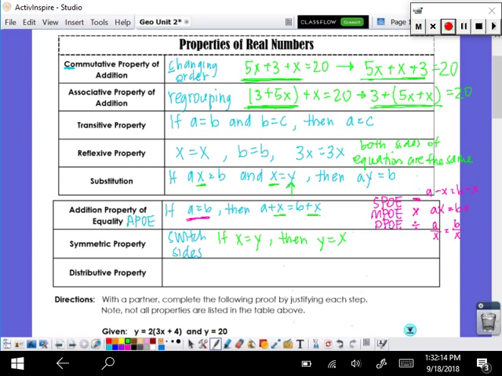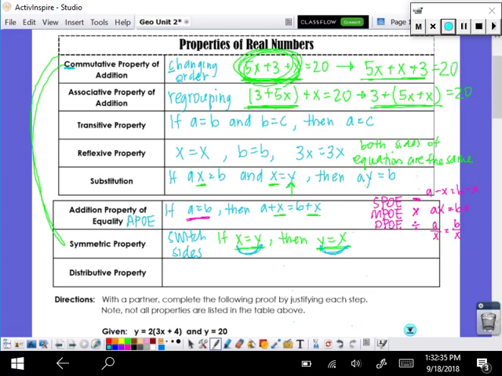So I just switched the two sides of my equation. That is different than the commutative property. With the commutative property, you're switching one side of the equation. That one side changed order, but with the symmetric property, the two sides are physically switching places.